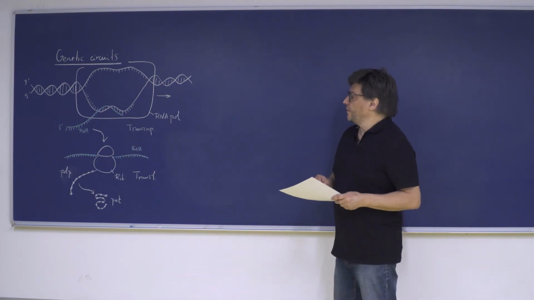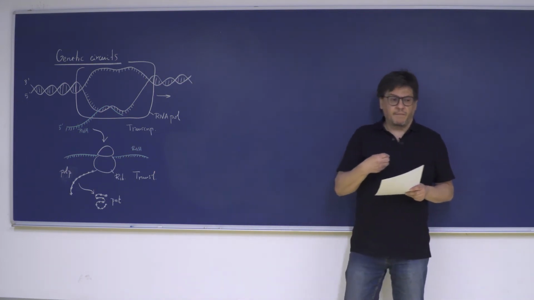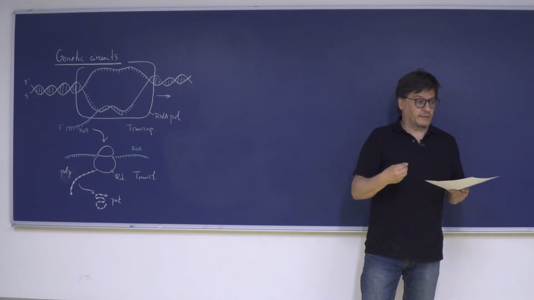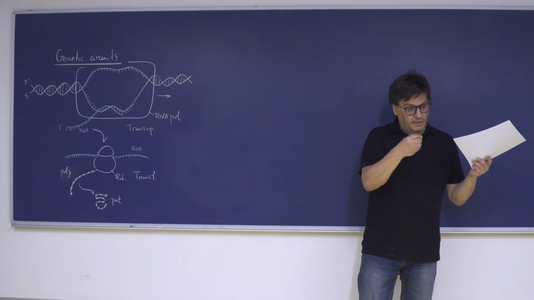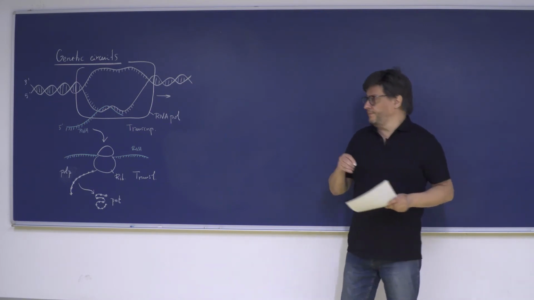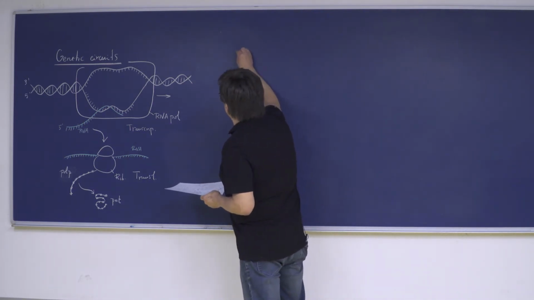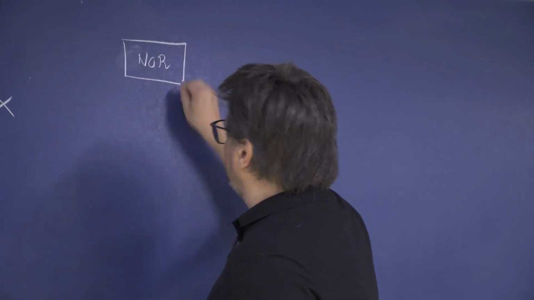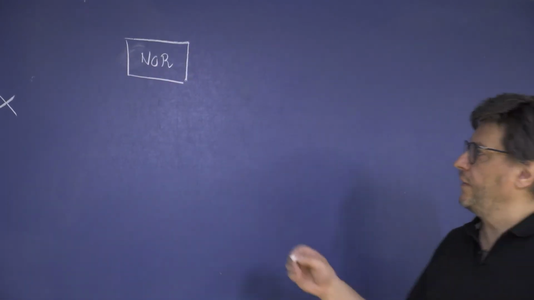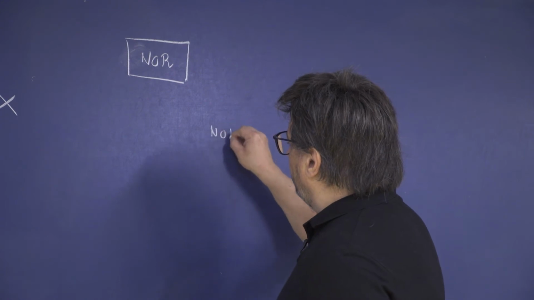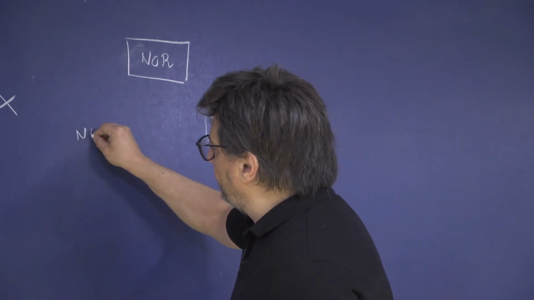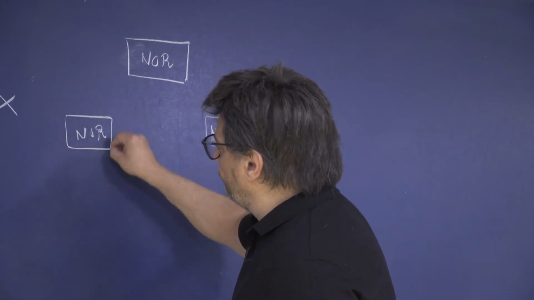But now consider the following idea. Imagine that my genes implement some kind of, for example, a NOR gate, right? Two genes interact on another gene, and to make this simple, imagine that I have one gene that is implementing a NOR gate that affects another gene that also implements a NOR gate, and they are connected to each other, right?